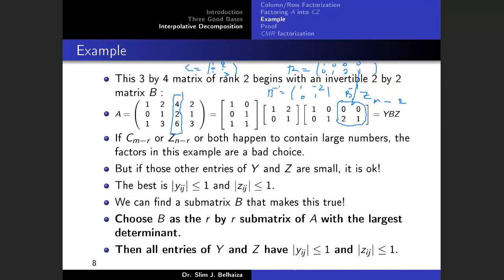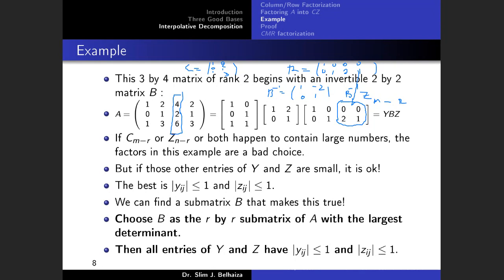Now, the question here is what happens if you want to improve the choice of B. If you follow the slides, we want to improve the choice of B such that the absolute values of the Yij's and the Zij's could be less than 1. So we want the determinant of the submatrix B we are going to choose to be the largest possible.